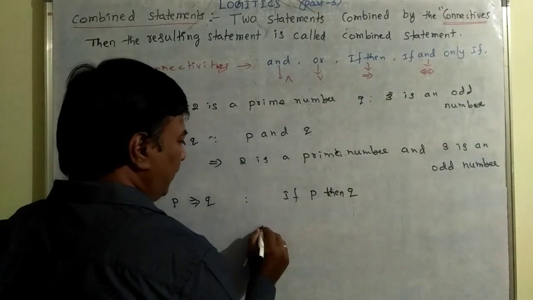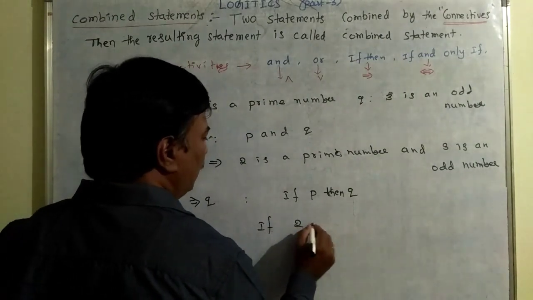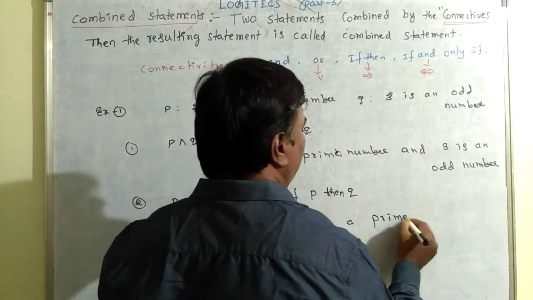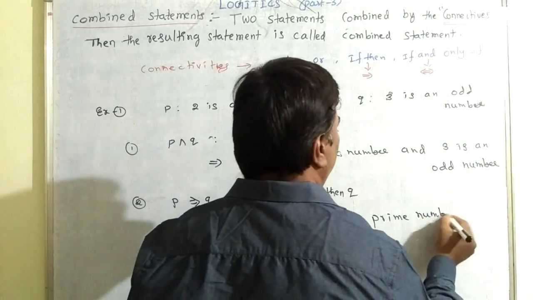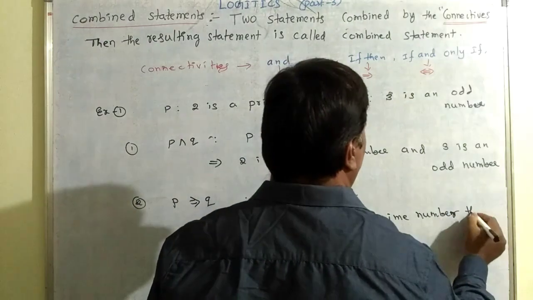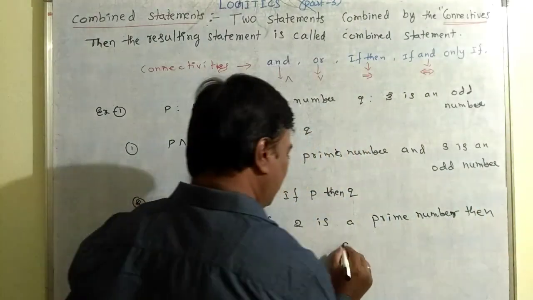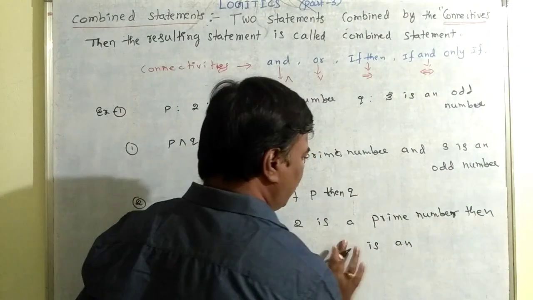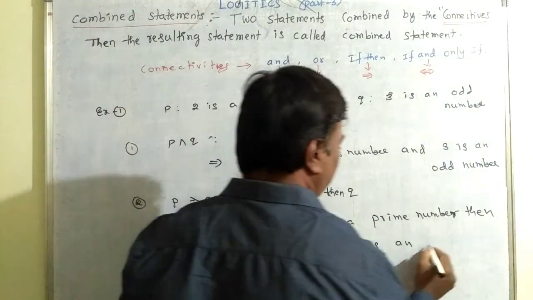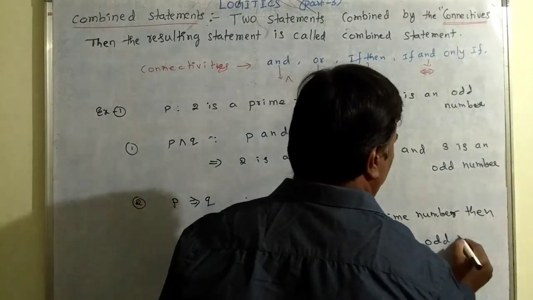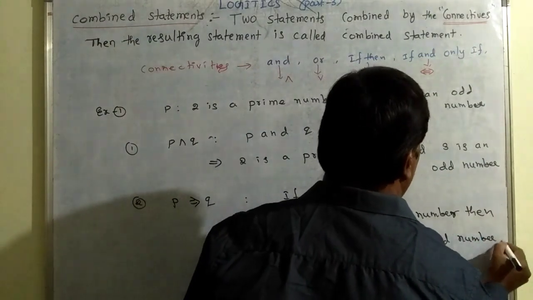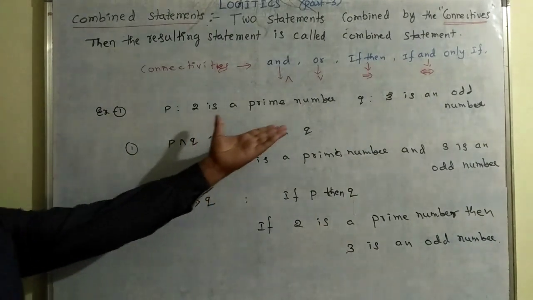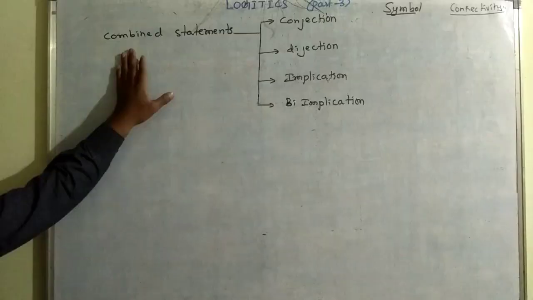That is, if P happens, meaning 2 is a prime number, then Q, meaning 3 is an odd number. These are the two combined statements we have written by using these two statements.